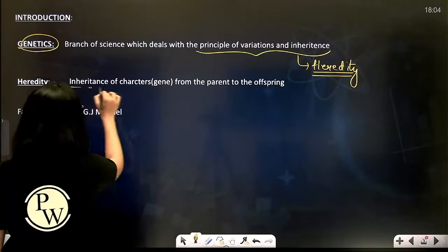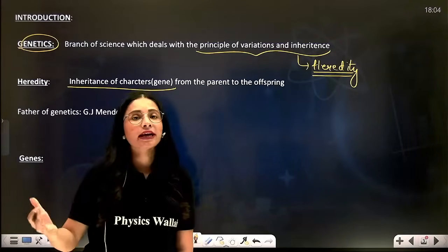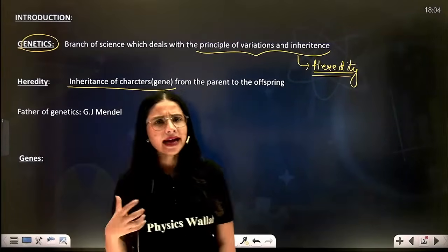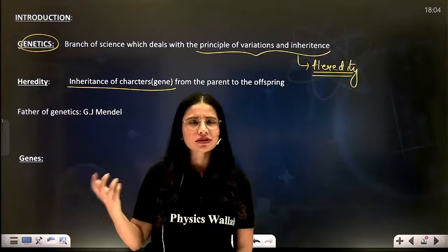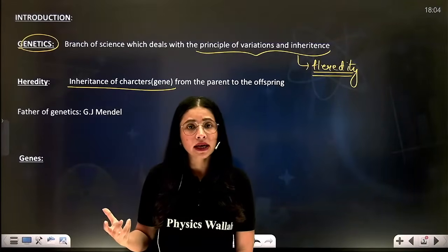Heredity is the inheritance of characters. Characters means genes. You know, genes regulate characters. So someone says, okay, my eyes are similar to my father's, my nose is similar to my mother's. Why?